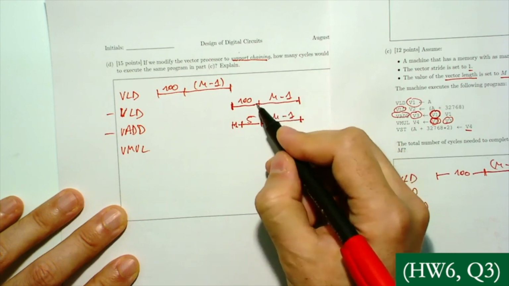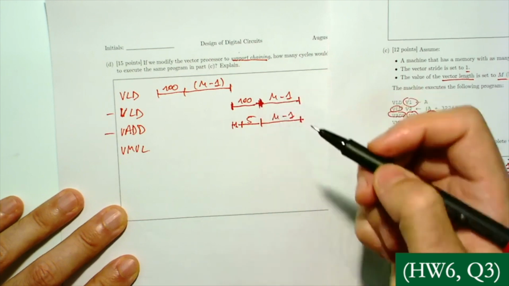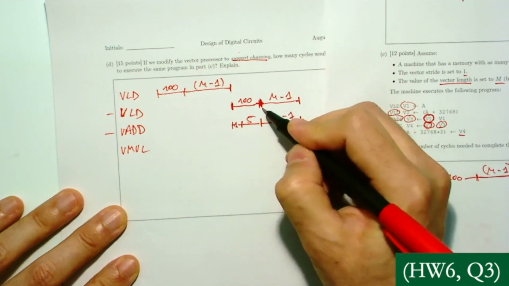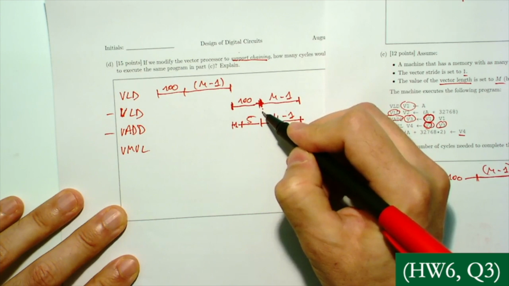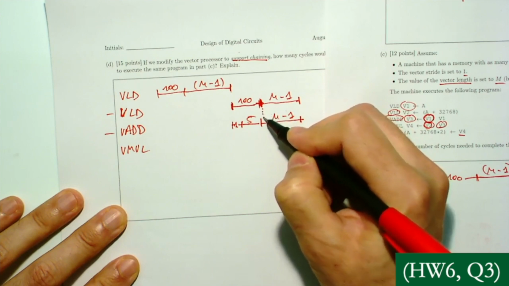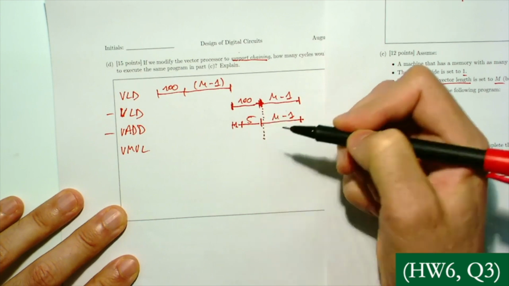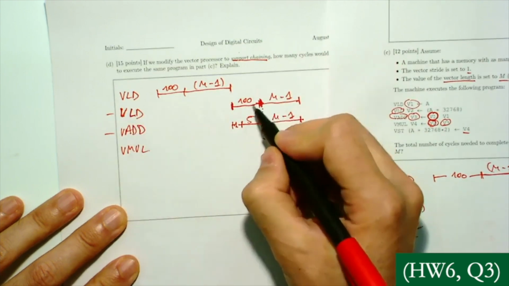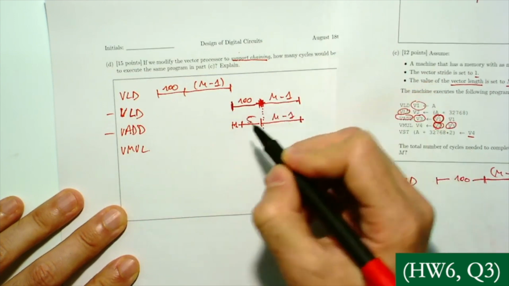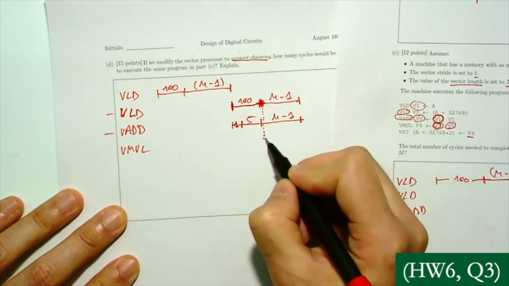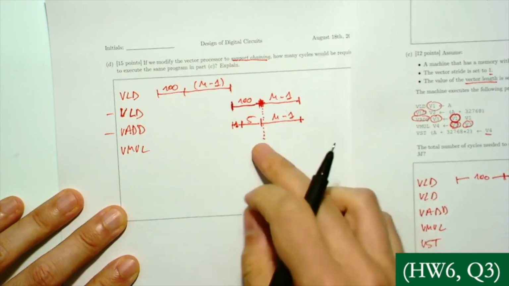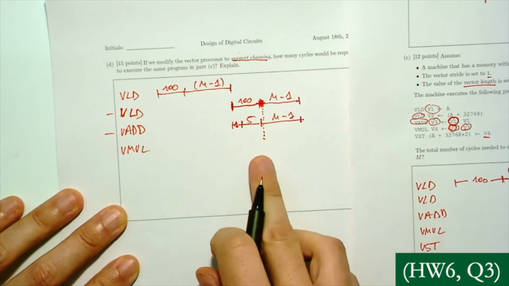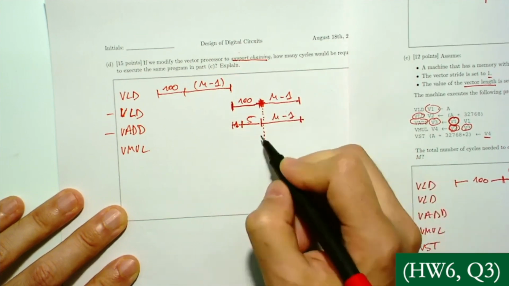But because we have chaining now, we can start executing once we have the first element of the two vectors available. When we load, we will have the first element of the load after 100 cycles. So at this point, we already have the first element of the vector available, so we can start the multiplication here because now we have chaining.